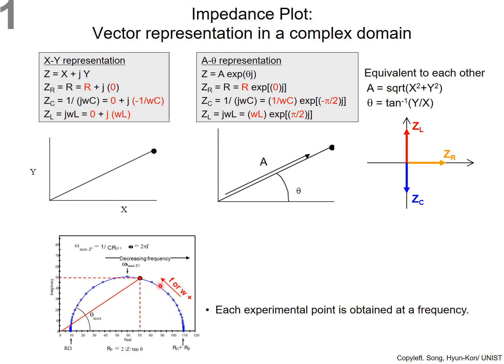So from this electrochemical impedance spectra, we could obtain some information about your electrochemical process, like electric double layer capacitance and charge transfer resistance, and also solution resistance.